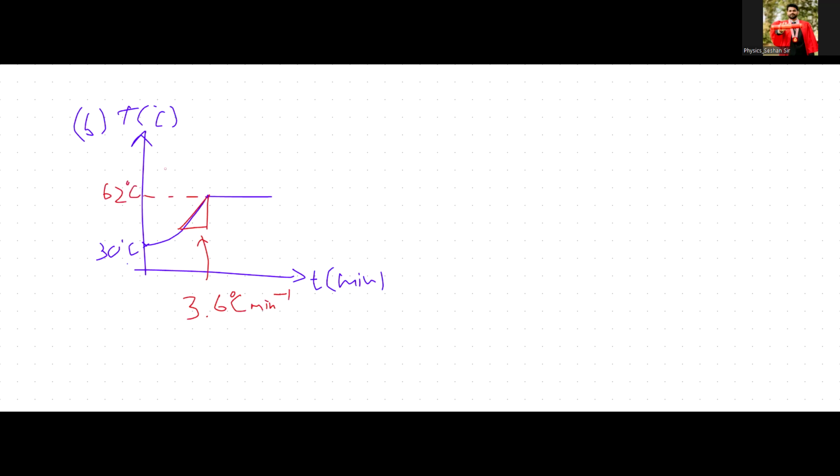That should be the melting point. The time that the temperature of the wax remains constant is 20 minutes. So from here to there, this is 20 minutes. I put it here because I already put the values there.